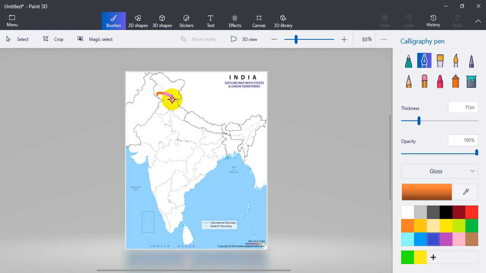It is moving to just the edge of Uttarakhand, and Himachal is being left out, and then it is moving from this part of Rajasthan, covering entire Punjab, Haryana, covering the part of Madhya Pradesh.